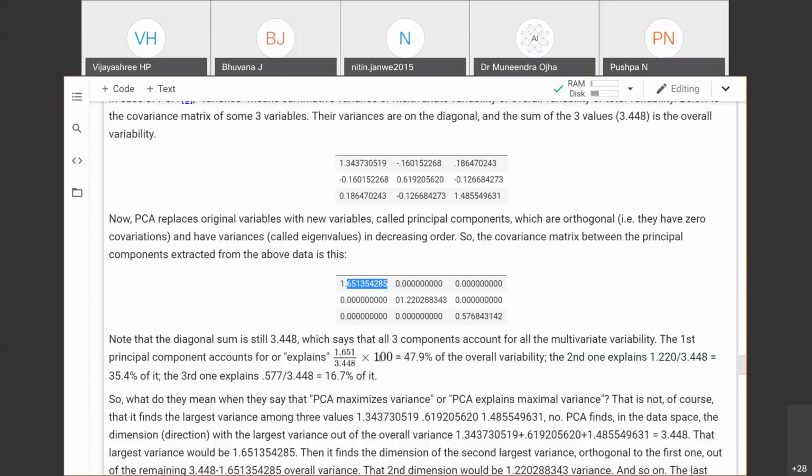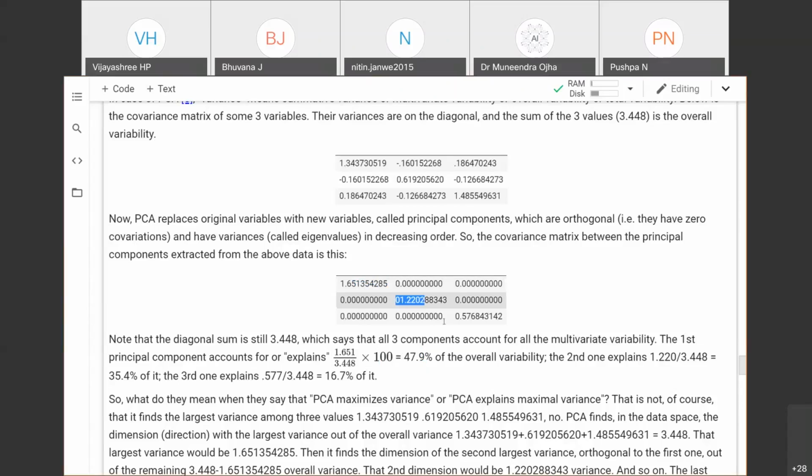So obviously and intuitively, the first principal component will have the maximum variance explained. So evidently we get 48% of overall variability being explained by the first principal component only, that is 1.651 divided by 3.448. Now out of the 48%, we are left with 52% of variance.